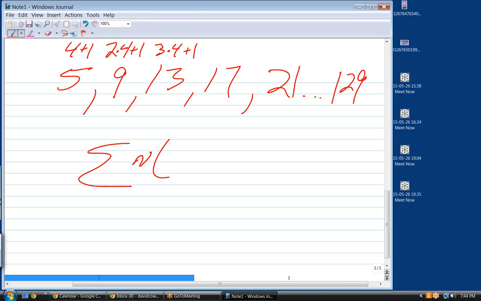So the n is the multiplier, and we have 4 plus 1, the plus 1 is outside. There it is. And I can figure out what the last one is going to be. But that does the trick, doesn't it?